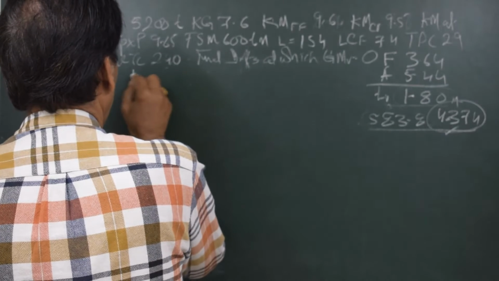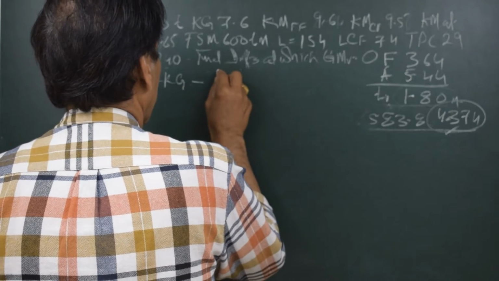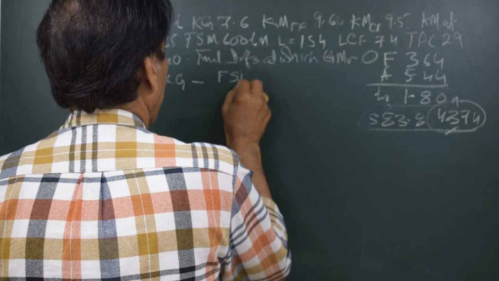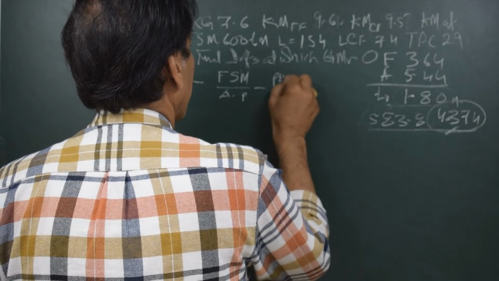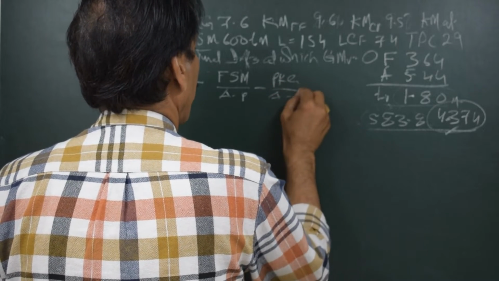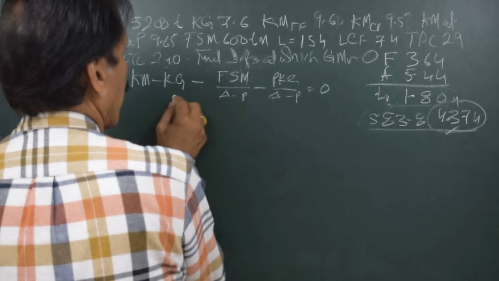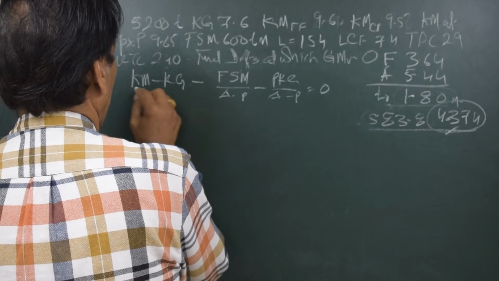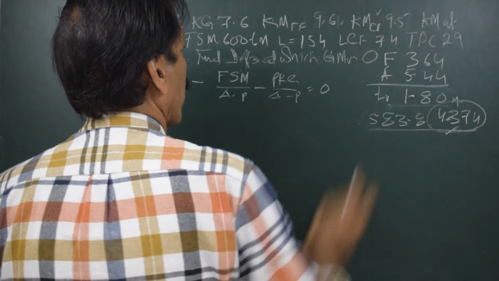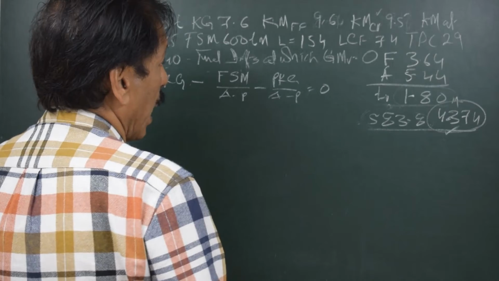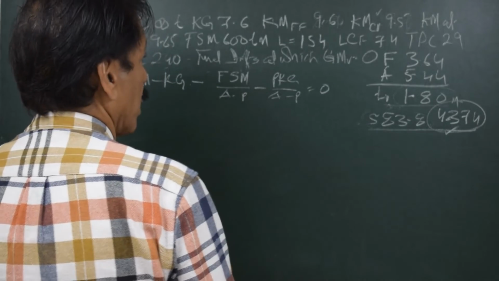Now the equation that I am going to put is Km minus Kg minus FSM upon delta minus P minus Pkg upon delta minus P equal to 0. So for Km minus Kg, instead of free floating, I would like to take 9.5, because at the moment I feel that this would be a Km closer to the final condition Km.